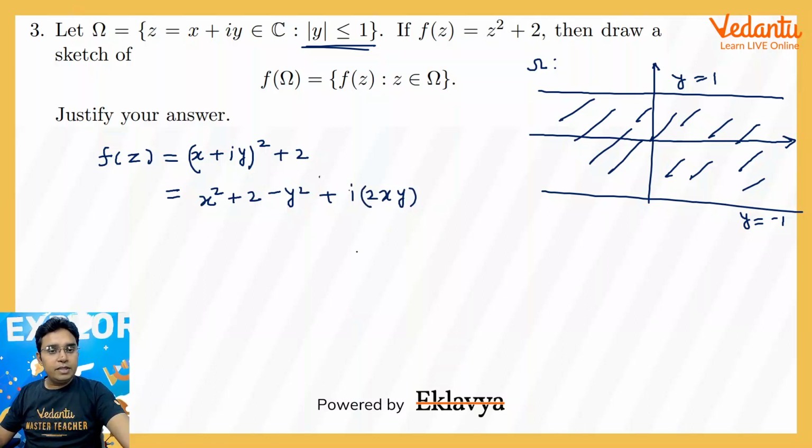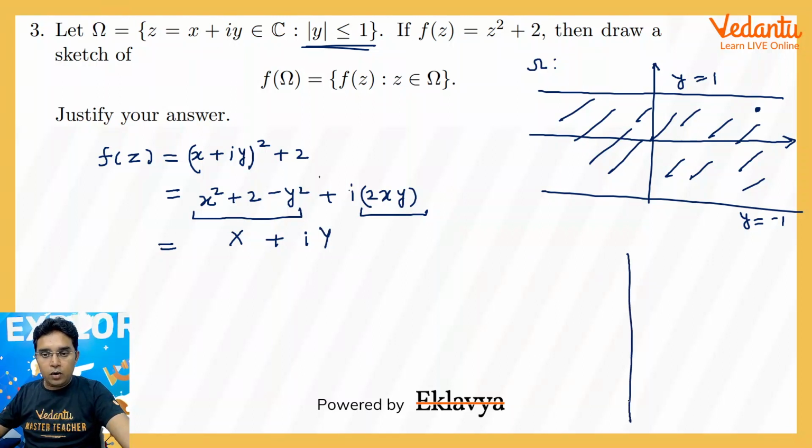So f(z) will be this thing. Now we have to see that corresponding to some (x, y) of this Omega, how this real part would be, how this imaginary part would be, and how this f(z) will be shown on the Argand plane. Now to do this, let me take this real part as capital X and this 2xy as capital Y, the imaginary part, capital X, capital Y.